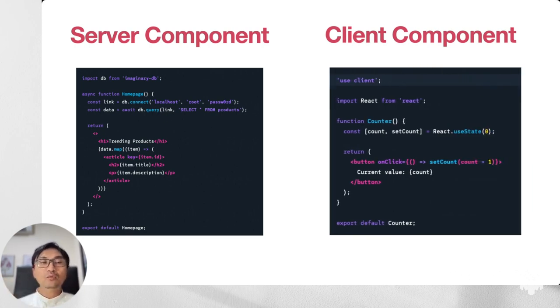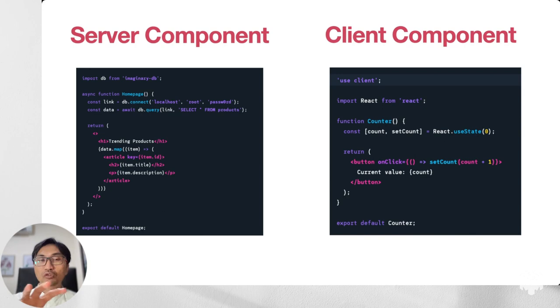We can see right away that the most obvious difference is there's a directive here called use client on the client component. That's actually because in the new React Server Components paradigm, React and Next.js will treat all components as server components by default.